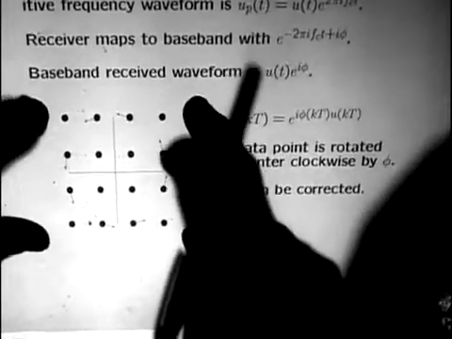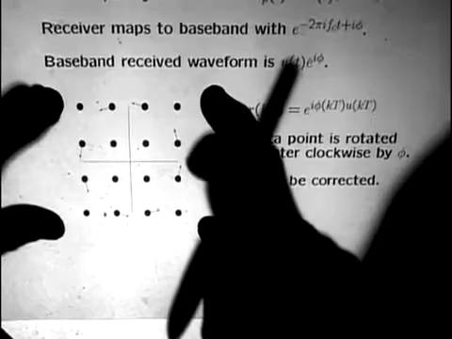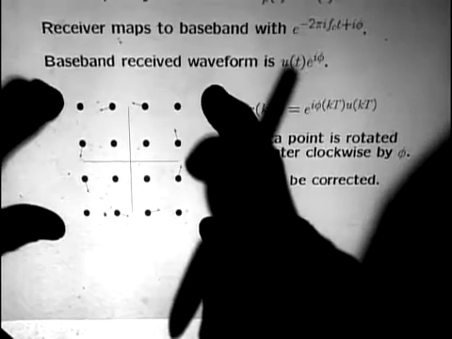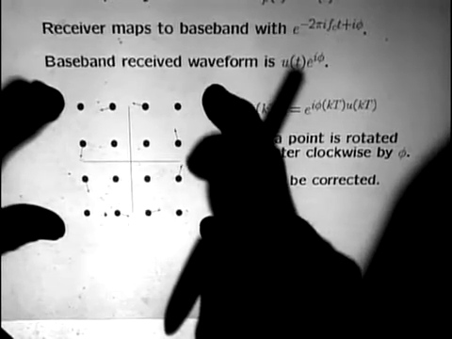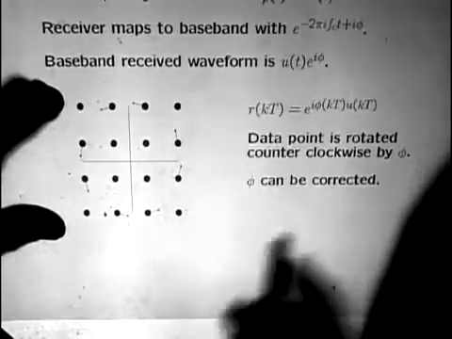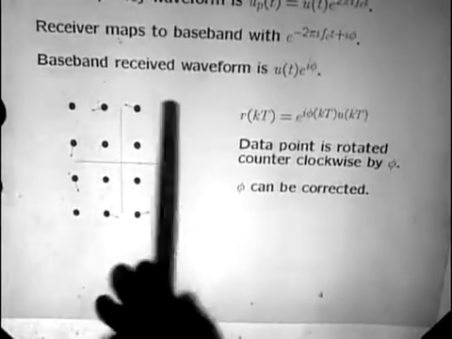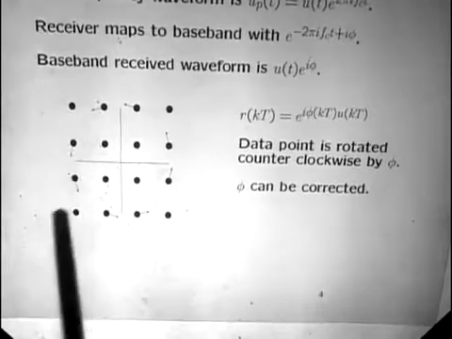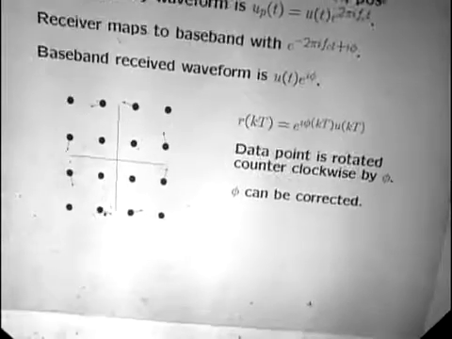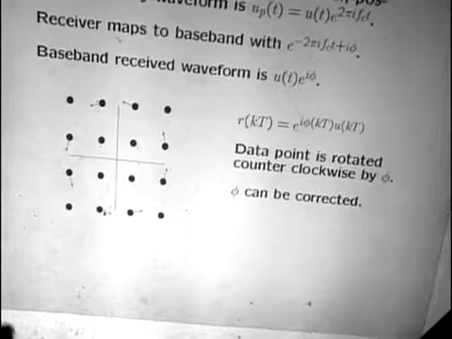What you're actually seeing is this. You can't tell the difference. In other words, you decode every symbol wrong because you're making an error of pi over 2 in every one of them. You decode this as this, you decode this as this, and so forth. So every point is wrong.